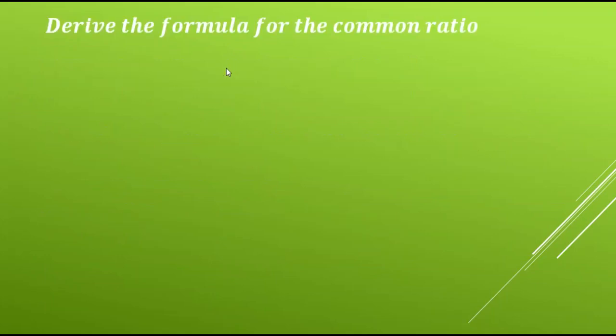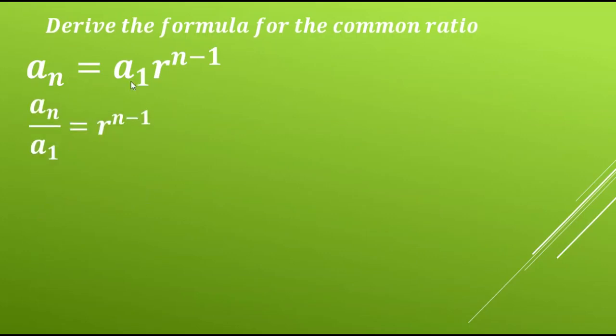So let's derive the formula for the common ratio so that we don't have to go through the use of the geometric sequence formula. We can go directly to the common ratio formula. From the general formula of the geometric sequence, divide both sides by a sub 1, since our goal is to have the r alone on one side. Then we get the n minus 1 root of both sides so that the r will have an exponent of 1.